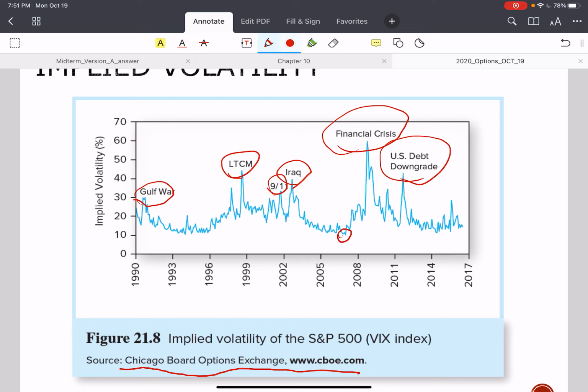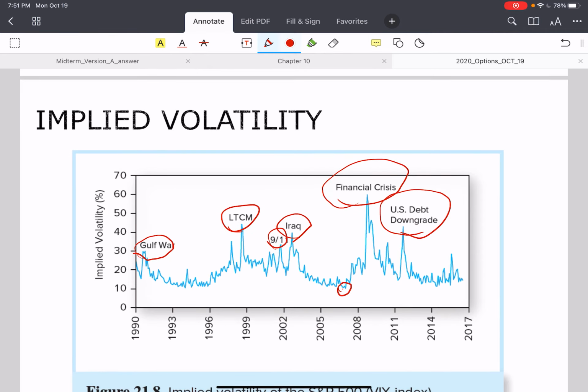At that time, I think a credit rating agency, either Moody's or Standard and Poor's, downgraded the US government debt from AAA rating to AA rating, or maybe AA plus rating. But anyway, there was a downgrade in the US government bond. So this again created a shock in the market.